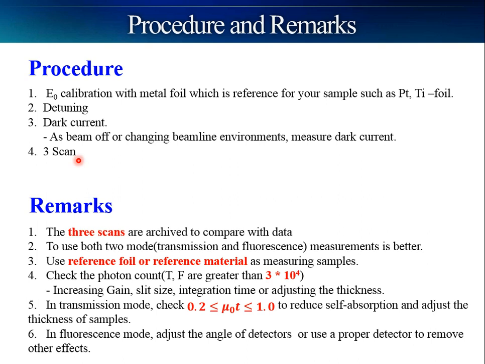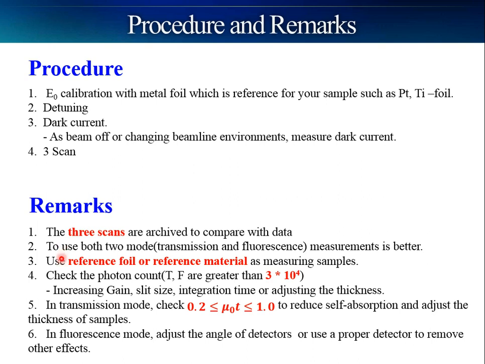And next, we have several remarks when we take the XAFS experiment. First, you make 3 scans per 1 sample if possible. And second, use both modes, transmission mode and fluorescence mode, if possible.